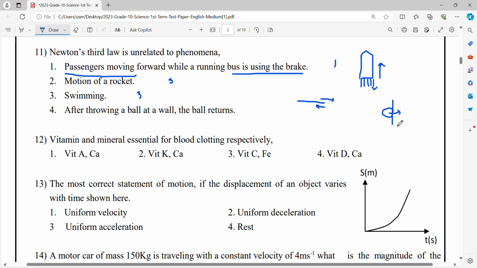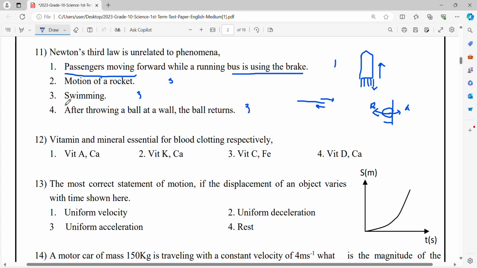The equal and opposite force applied by the wall on the ball is reaction. So here also Newton's third law is applicable.